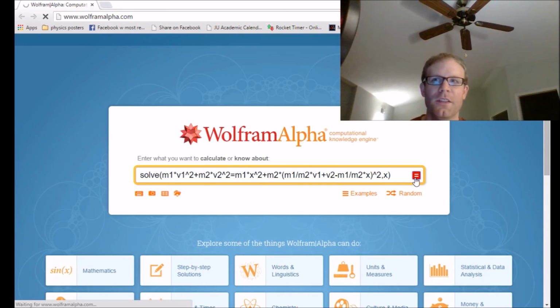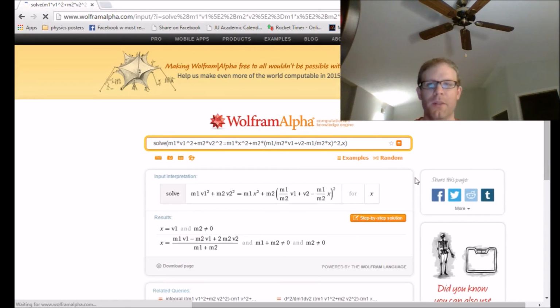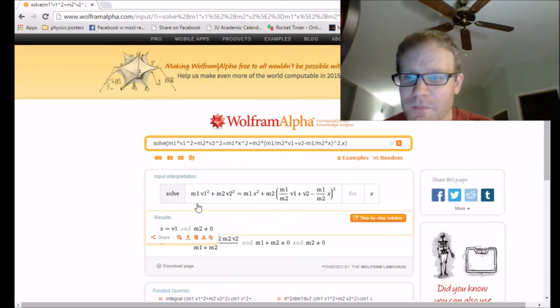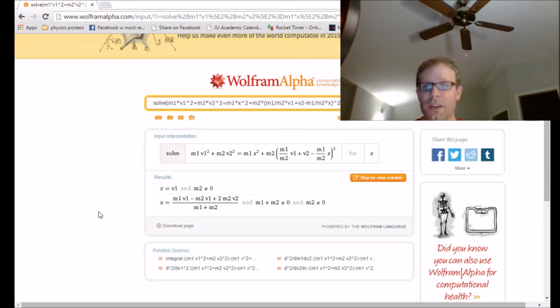Oh, it doesn't even bother with the animation. It says that was an easy problem. So there are two possible results, right? This is a quadratic equation, so there are always two possible answers. The first possibility is that the unknown, remember X is V1 parallel prime, is just V1 parallel original.